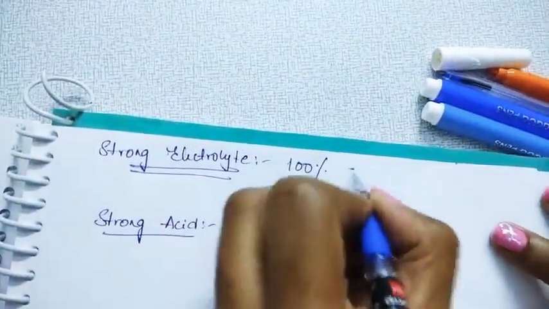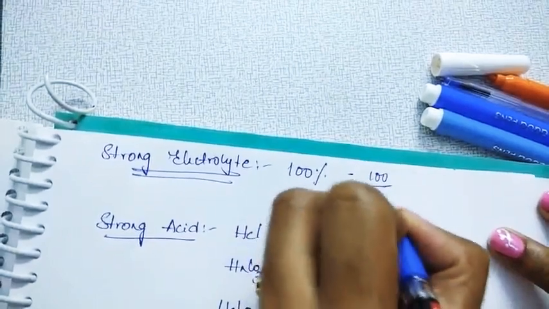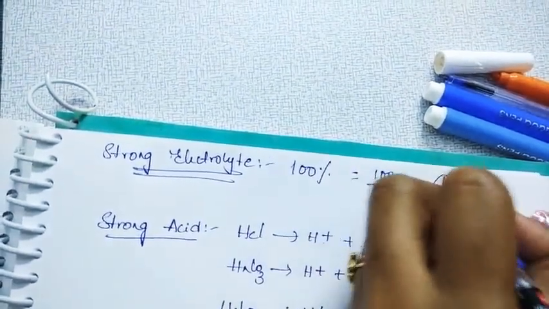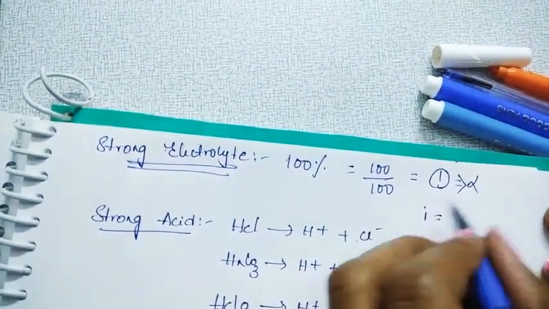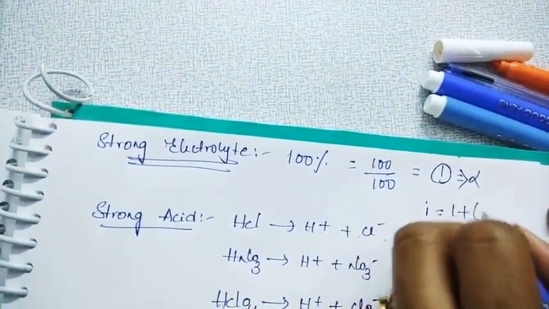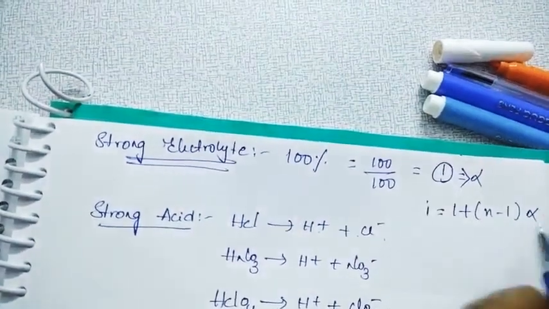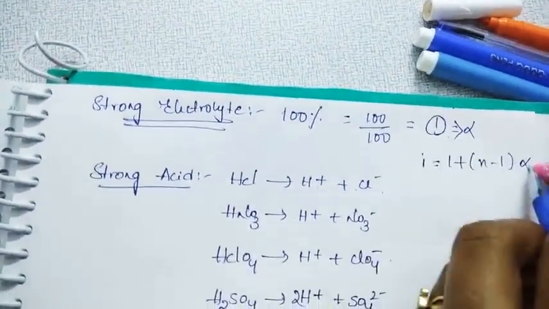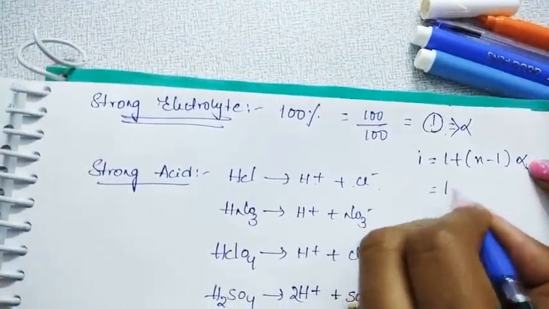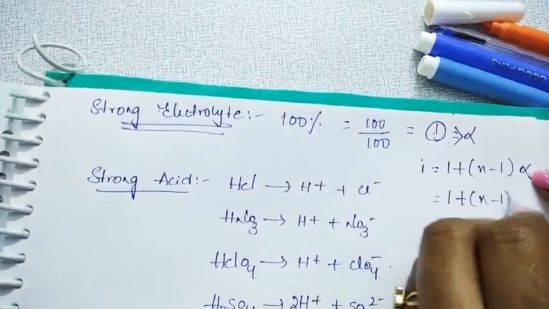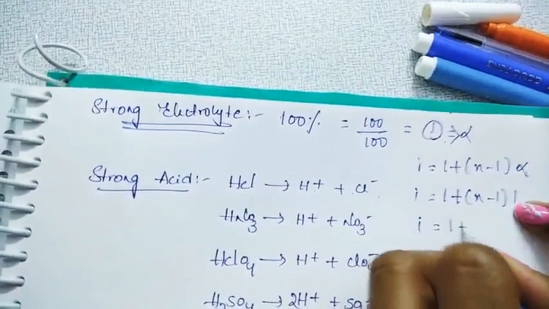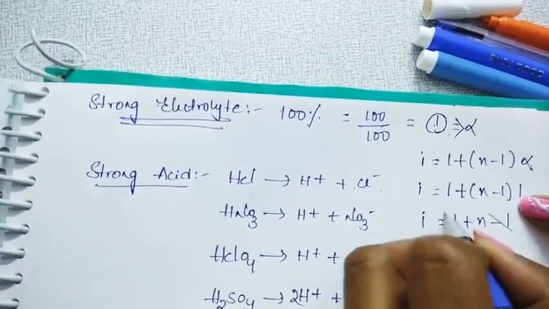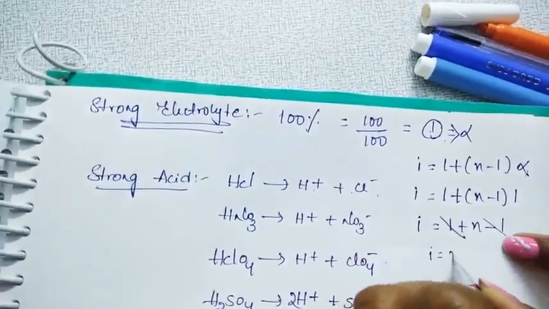What do you mean by 100%? 100 by 100, which is equal to 1. Alpha, what is the alpha value? 1. What is the relation we got, students? i is equal to 1 plus (n minus 1) alpha. Substitute the alpha value here. What is alpha? 1, right? So 1 plus (n minus 1) into 1 is equal to i. So i is equal to 1 plus n minus 1. Minus 1, 1 gets cancelled. i is equal to n.